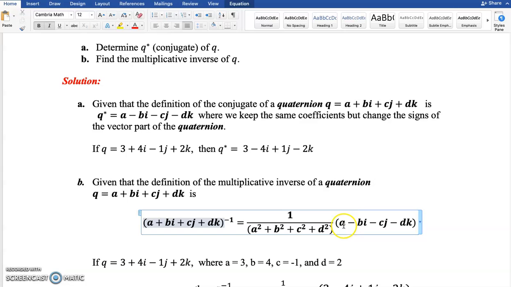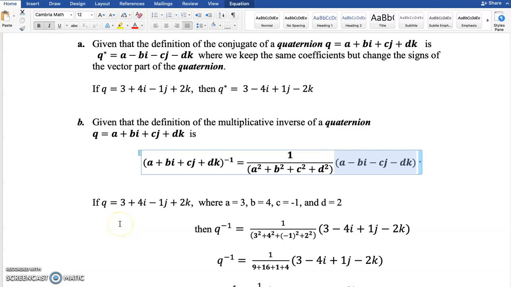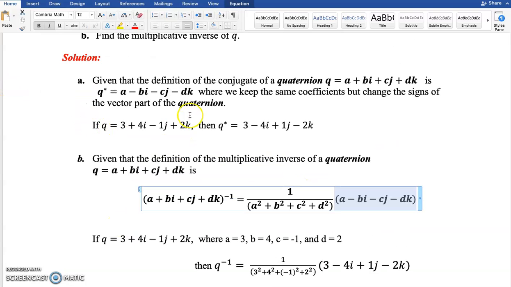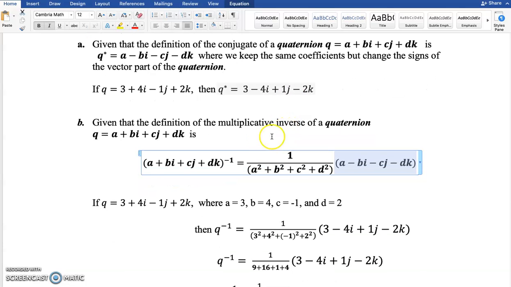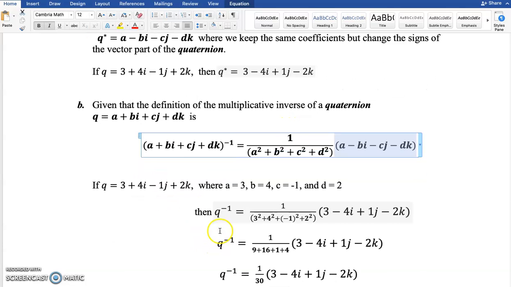This fraction here times the conjugate of that same quaternion. So we already have the conjugate of this quaternion because we found it in part A. So let's see how this works out.